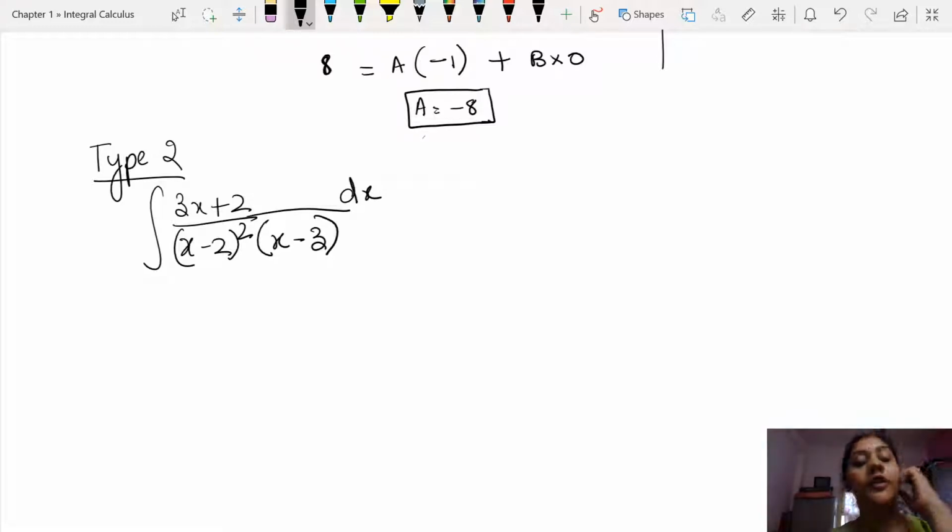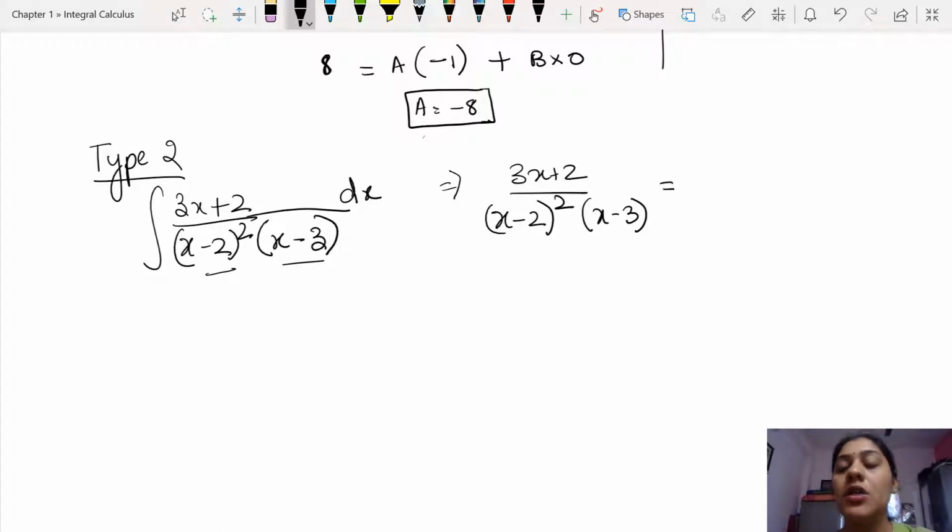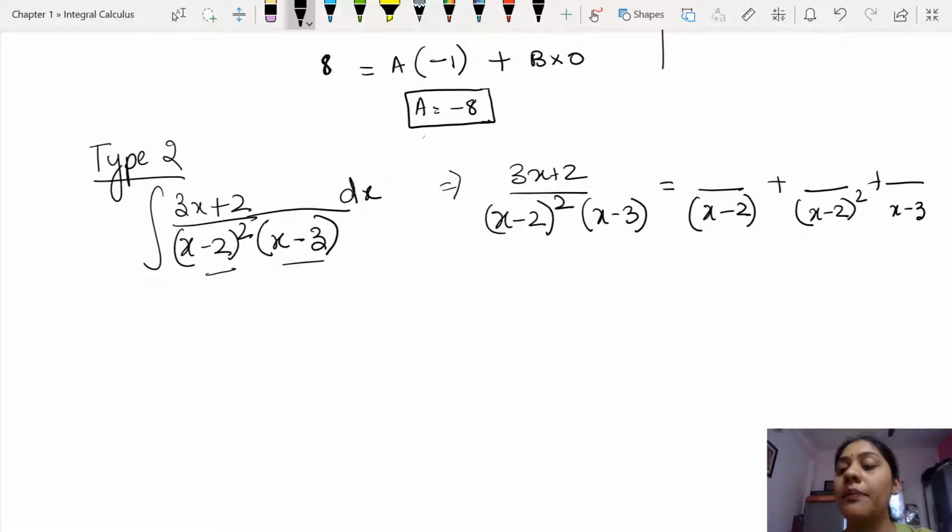Whenever you have something like this, a quadratic and then a linear, a cubic in the denominator and a linear on the numerator, what we will do here is we'll say that 3x plus 2, the whole thing divided by x minus 2 the whole square into x minus 3, is equal to one term divided by x minus 2, plus one term divided by x minus 2 the whole square, and there will be another term with only x minus 3.